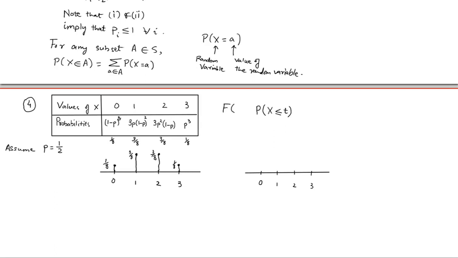Capital F of t equals the probability that random variable x takes on value t or less than t. Let's do this here. Can you find for me the probability of x less than 0? What is the probability that x will be less than 0?